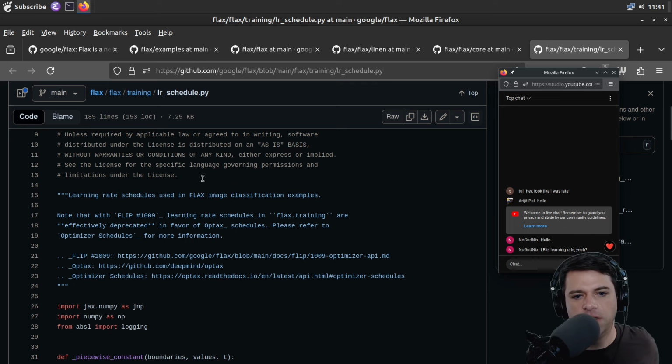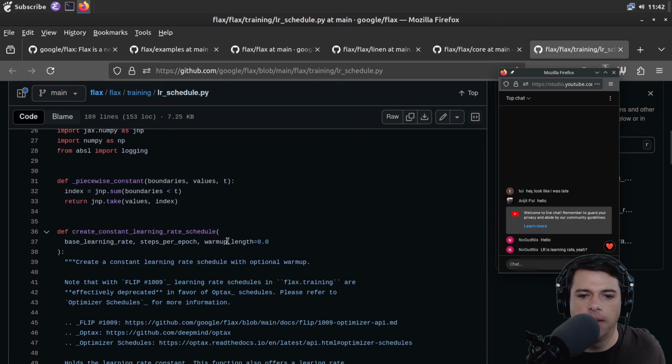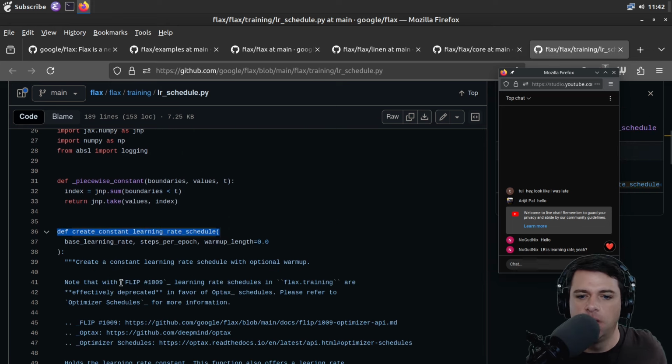Next, LR scheduling, learning rate schedules, as Nogoodnick suggested, used in the Flax image classification examples. Okay, so this creates a constant learning rate schedule, with optional warm-up.